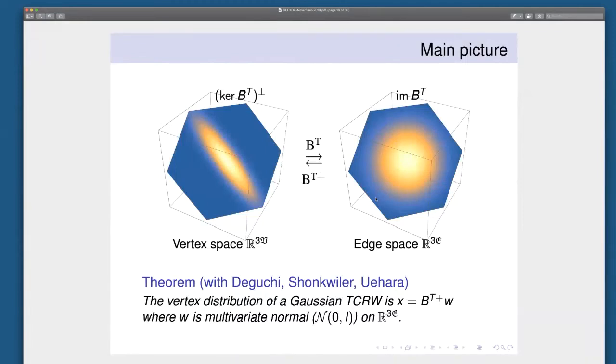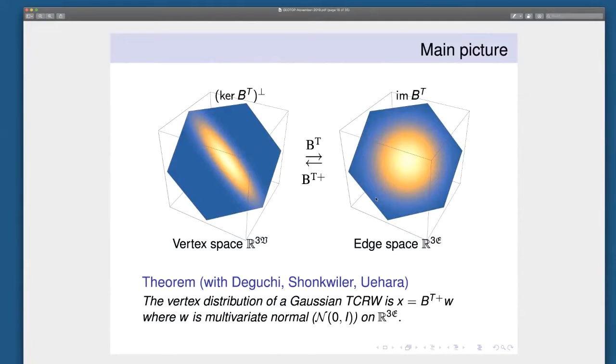What are the eigenvalues and eigenvectors of the matrices? Well, these aren't square, so singular values and singular vectors of the matrices B transpose and B transpose plus. Or, as we'll see, their product turns out to be an important thing as well.